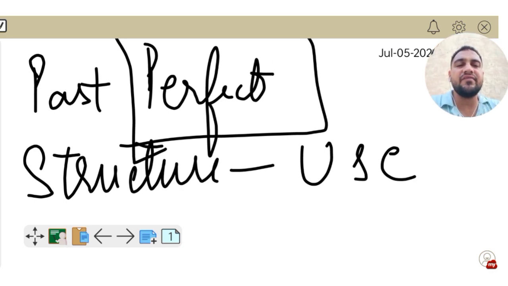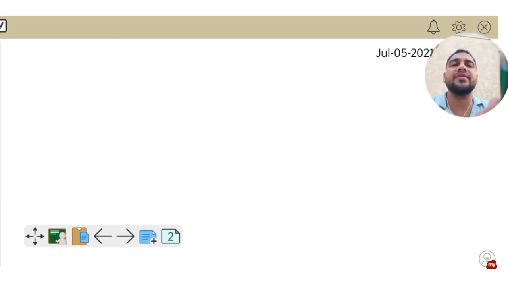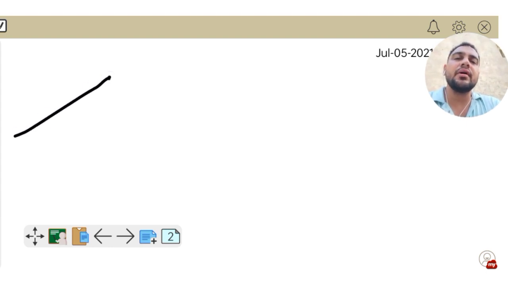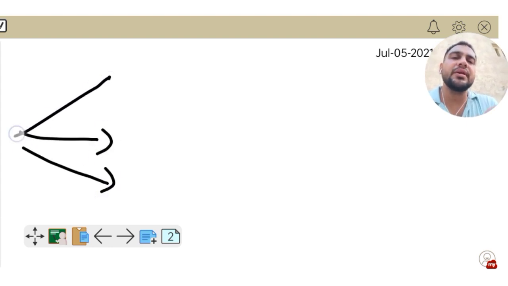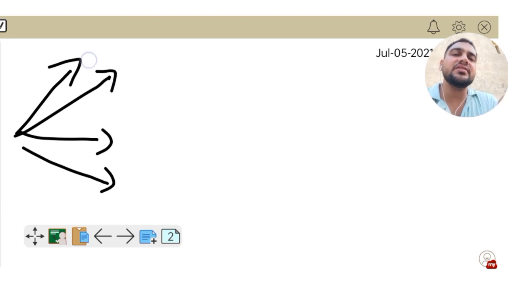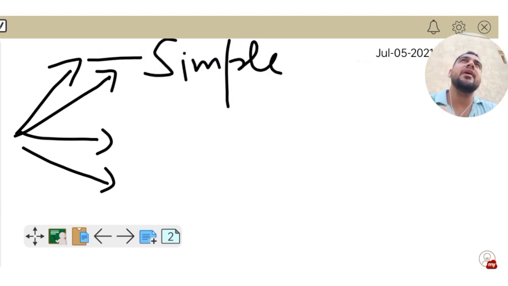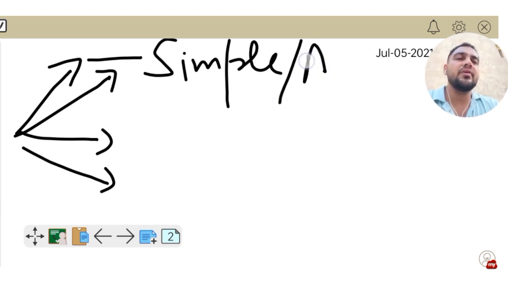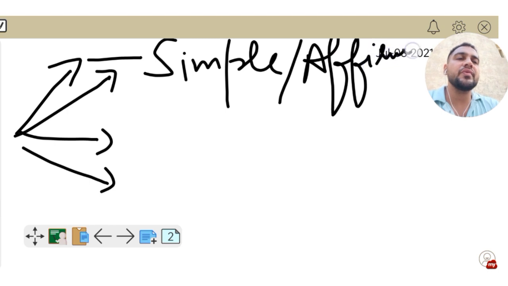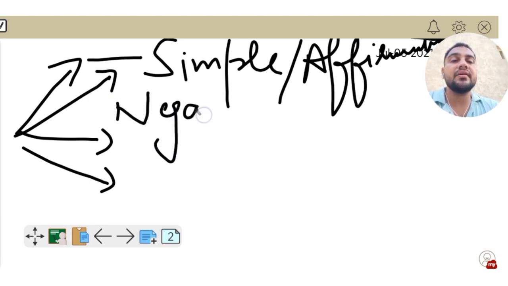Okay, let's deal with the structure of the past perfect. We can basically make four sorts of statements with any tense. The first is the simple statement, that is the affirmative statement. With the past perfect also we can make a simple, affirmative statement. The second is the negative statement.